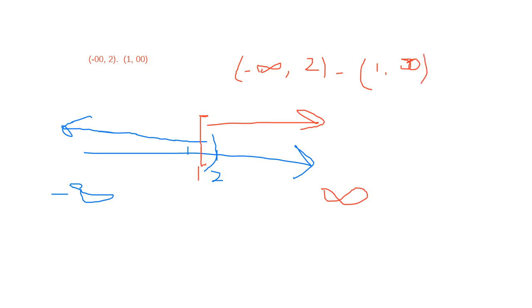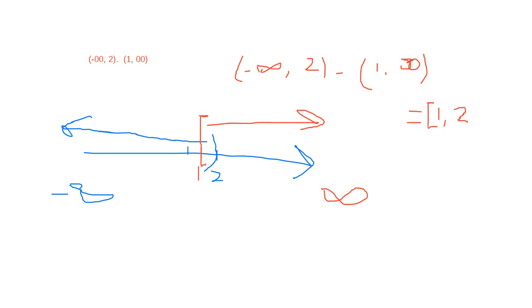That means this new set is in the blue set but not in the red set. As you said, that's from 1 to 2. We would use 1 with bracket, and what about 2? Should we use bracket or parentheses? Parentheses, yes.